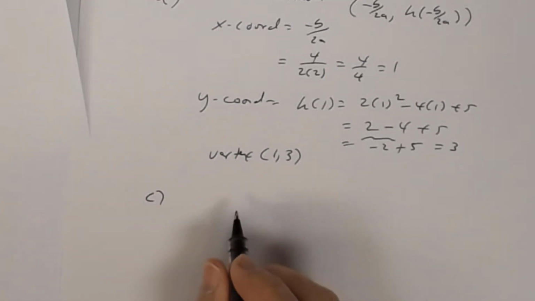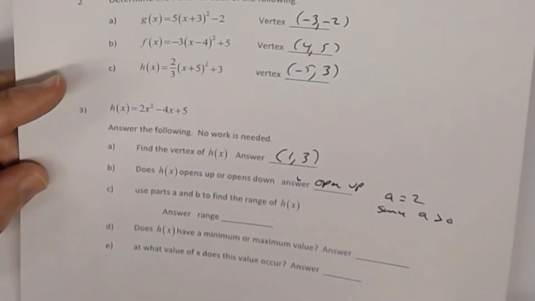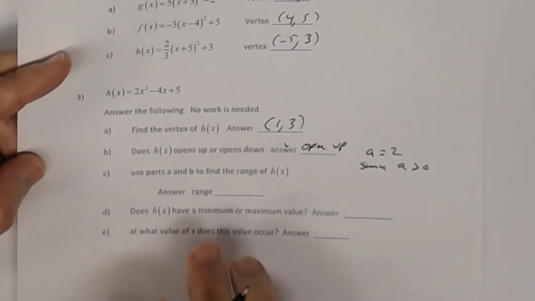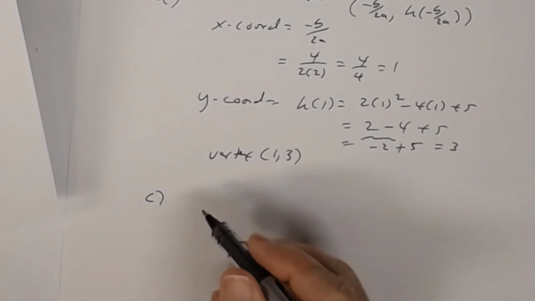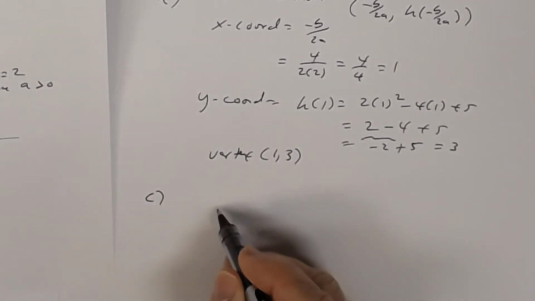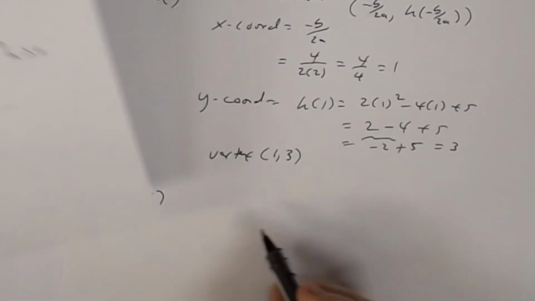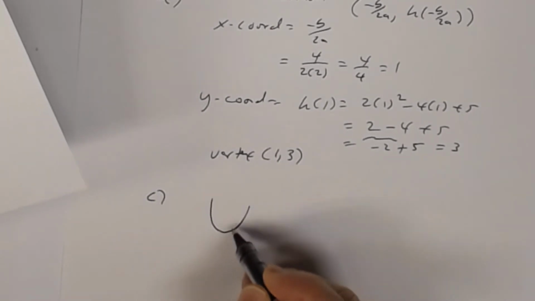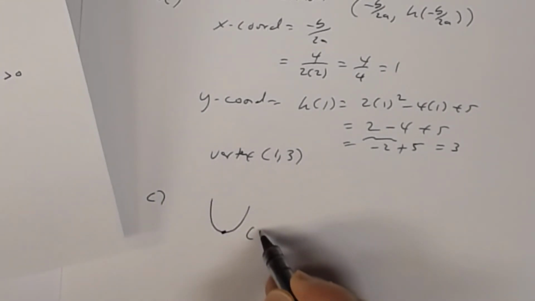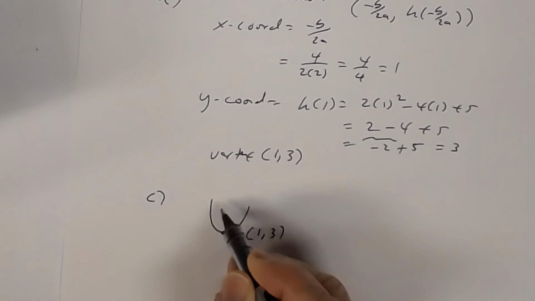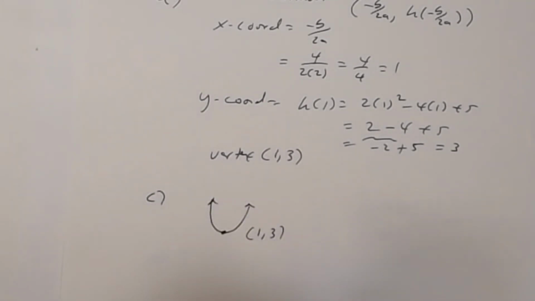Now remember C. In previous lessons, we indicated that to find the range, it's a good idea to know in your mind what the graph looks like. So you know that the parabola opens up, and you know that this is the vertex right here, (1, 3). Draw your arrows, and you want to find the range. Well, the range, remember, is the set of y coordinates.